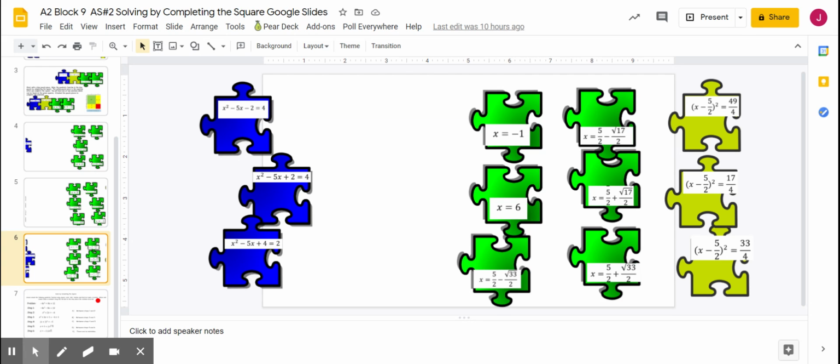The very next step is I want to solve for x. So I'm going to take the square root of both sides. If I square root the left, I have to square root the right.